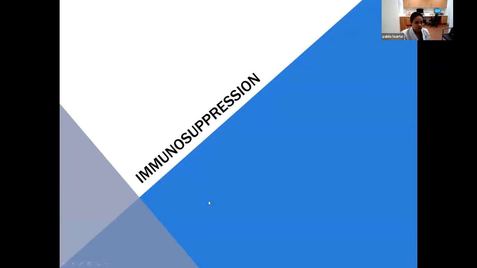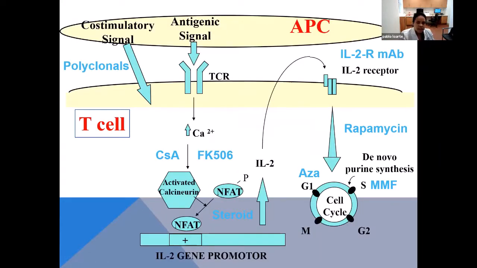So immunosuppression. In order to understand how our immunosuppression works, you need to understand how T-cell activation works. So this is your T-cell. You have a T-cell receptor, and then you have an antigen presenting cell that, depending on the type of cell, may have an MHC1 or MHC2, major histocompatibility complex 1 or 2, which in humans is called HLA, human leukocyte antigen.